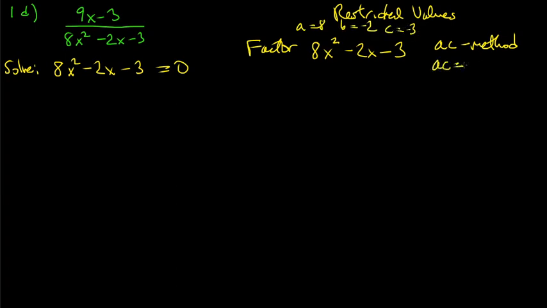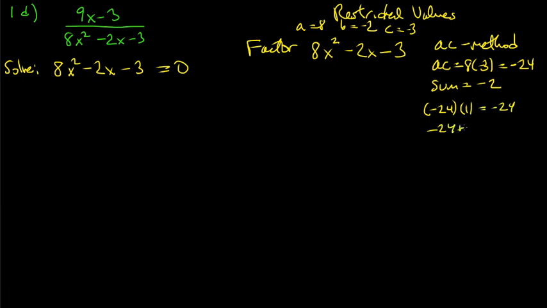So A times C is 8 times negative 3, which is negative 24. And so now we have to find two numbers whose product is negative 24 and whose sum is B, negative 2. Okay, so we go down the list. Negative 24 times 1 is negative 24.